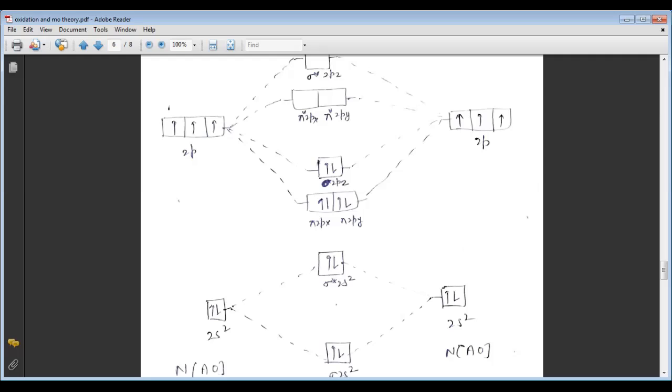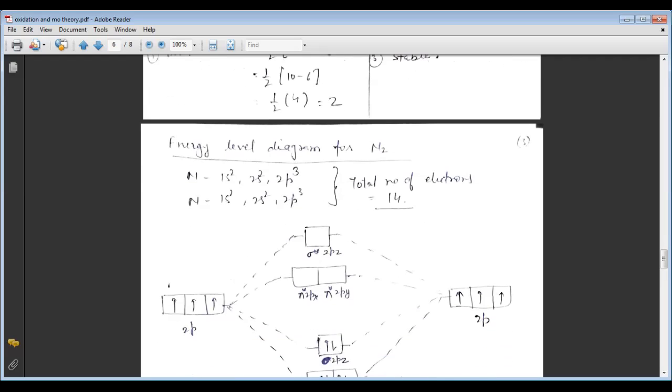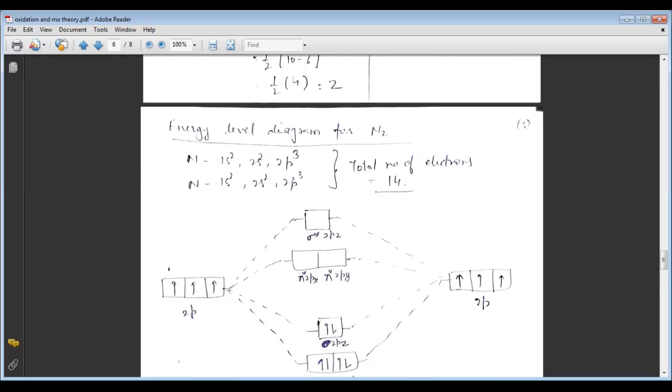Now one important point, a trick for you: if the total number of electrons is 14 or less than 14, you should remember that there is sp mixing.